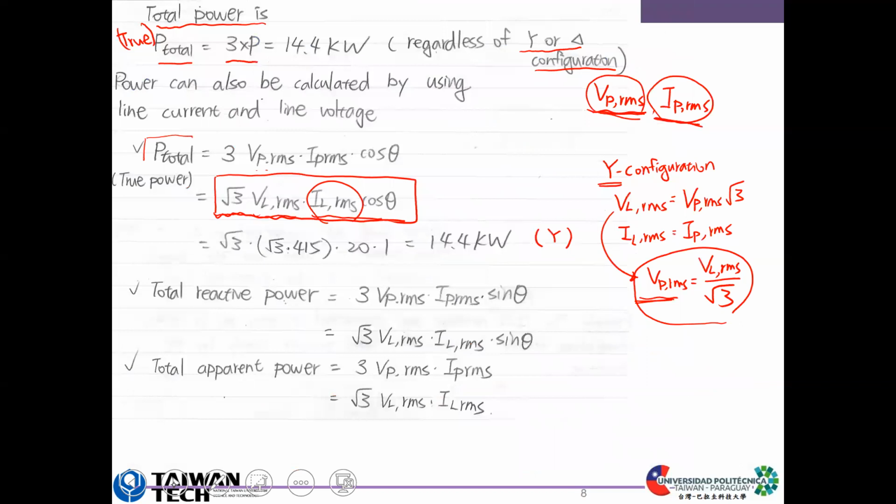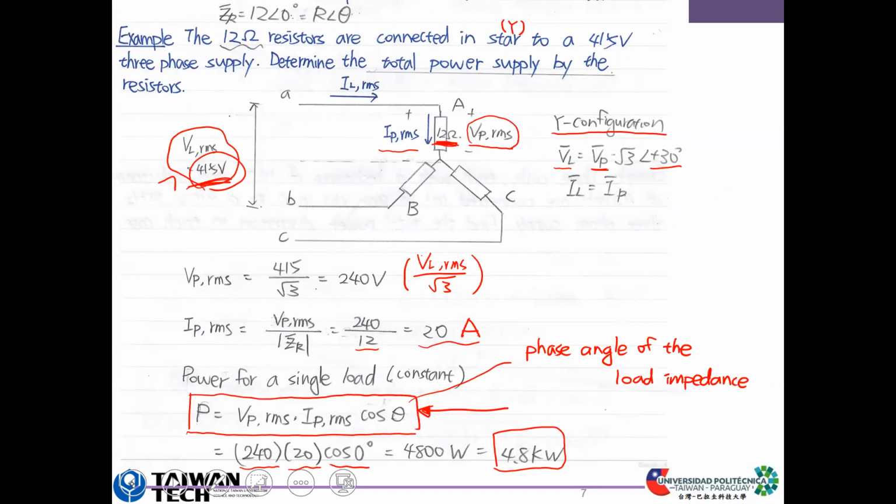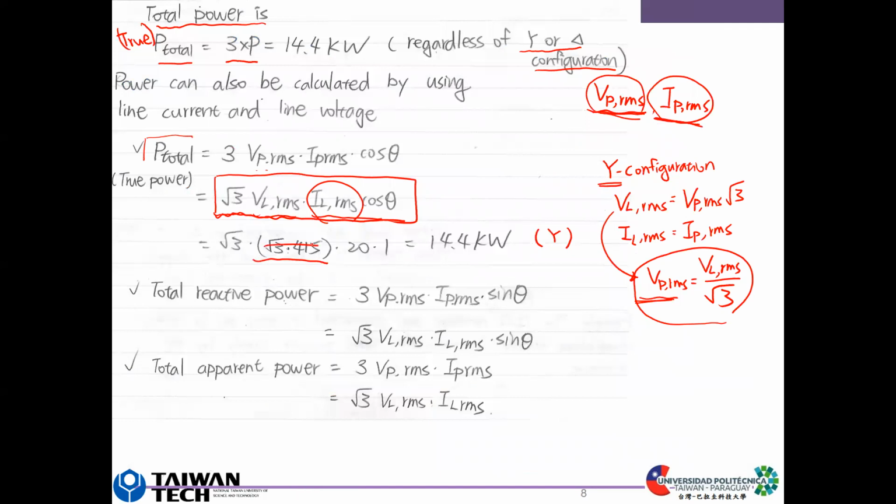The answer is square root of 3 times 415 times 20.